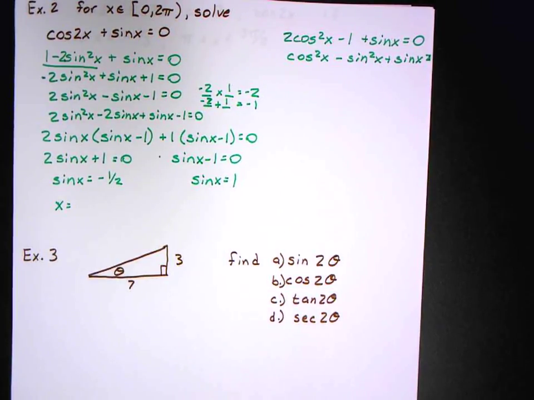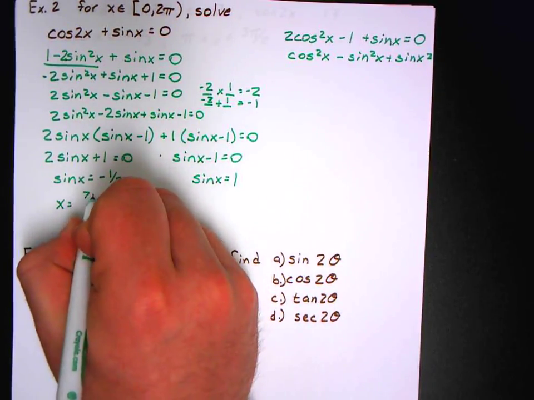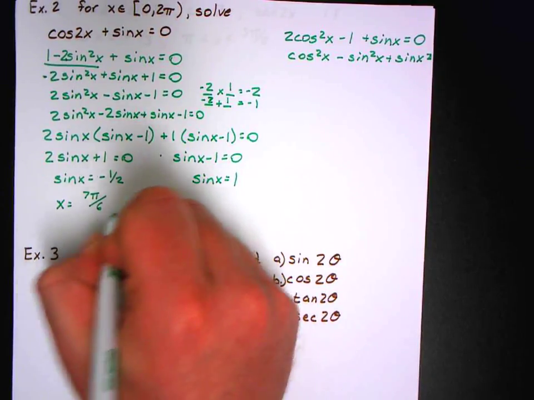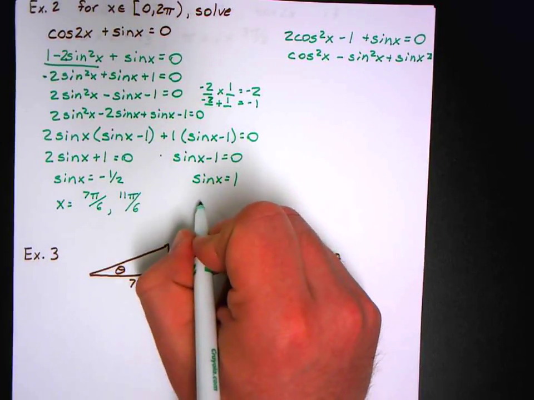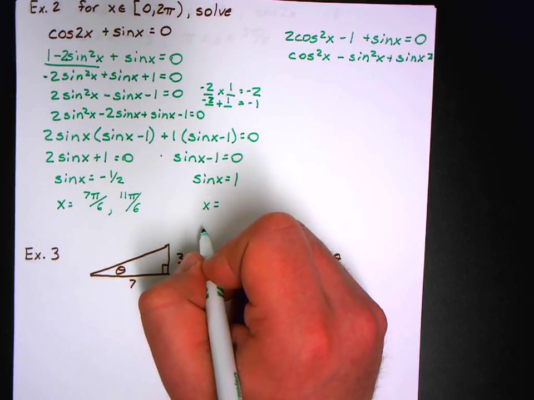All right, so places on the unit circle where sine of x equals -1/2. You guys see where you can do this in your head yet again? No. Why not? Okay, and 1? 1's easy. Come on. When does sine equal 1?